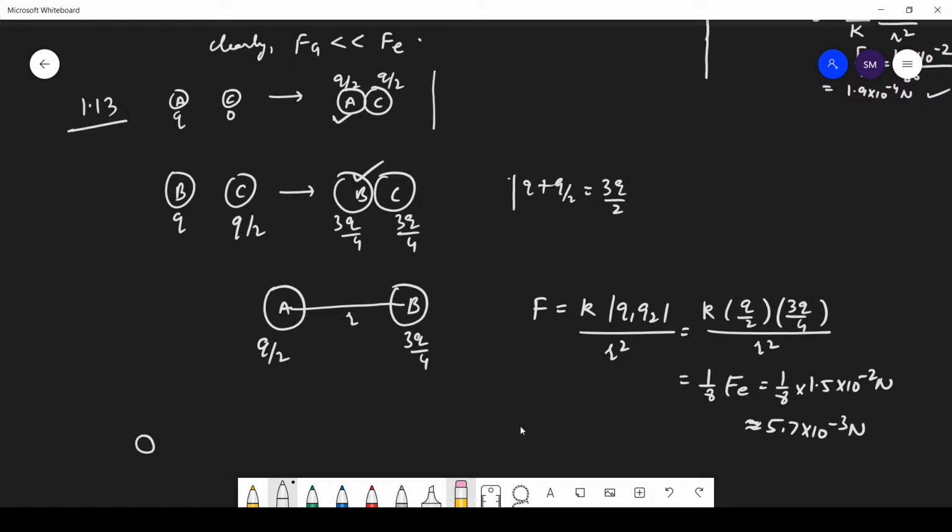So what is this question 1.14? It says that a figure is given to you. Students, open your NCERT books, if you have not opened them still.